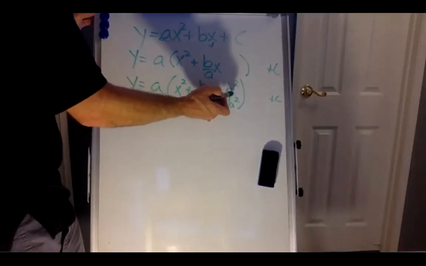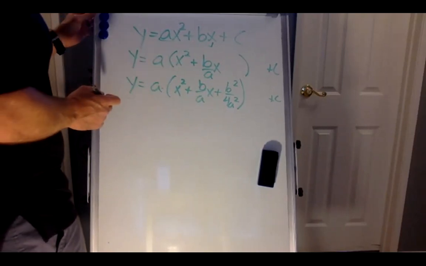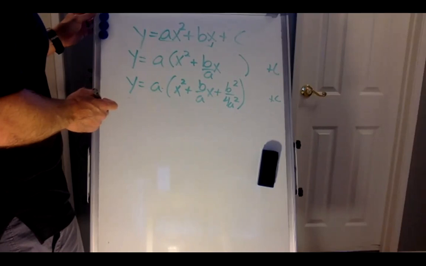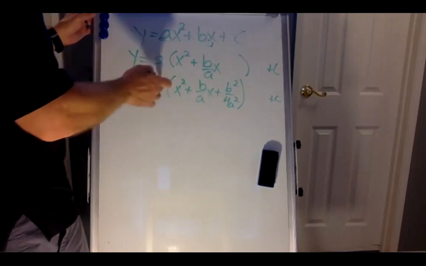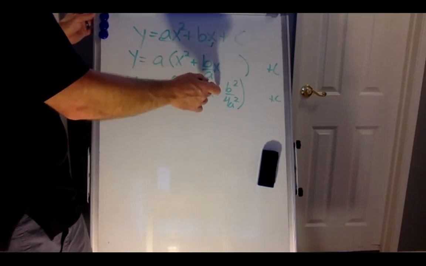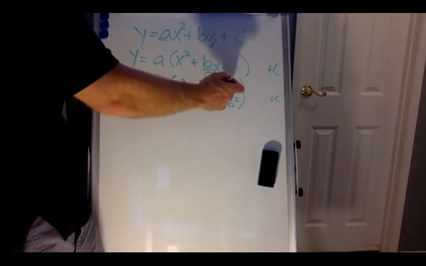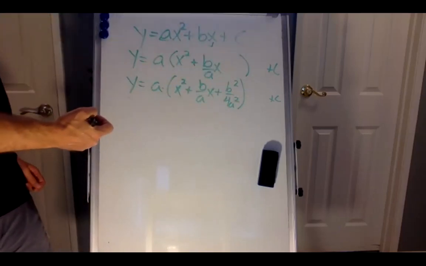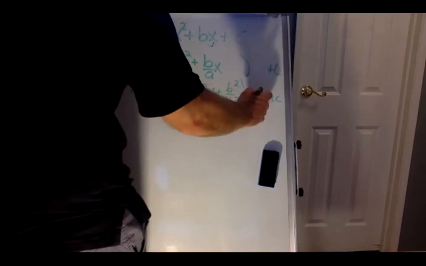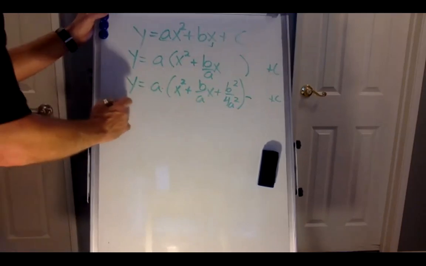I added this times the A. Don't forget, I added that times the A. Now, if A is 1, it's not a big deal. You don't have to do it. You just subtract the same thing that you have there. But if A is something else, then you're actually not adding this, what you see, to the right-hand side of the equation. You're adding this times the A, because the A will distribute and multiply to it, right? So I actually need to subtract, not this, I need to subtract this times the A, which is what?